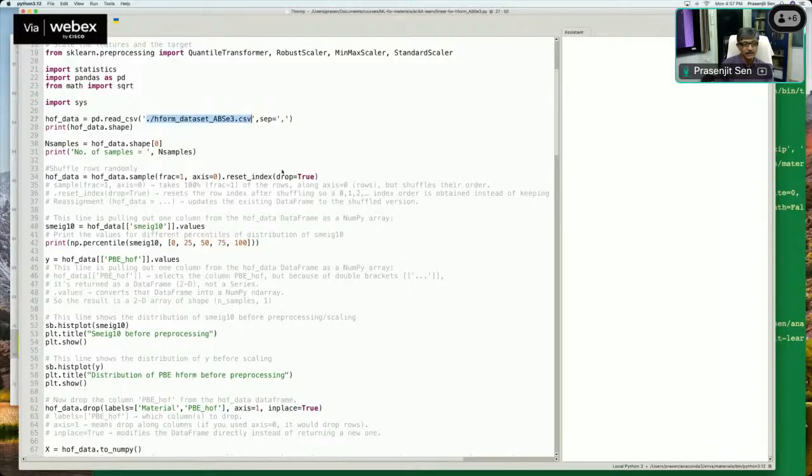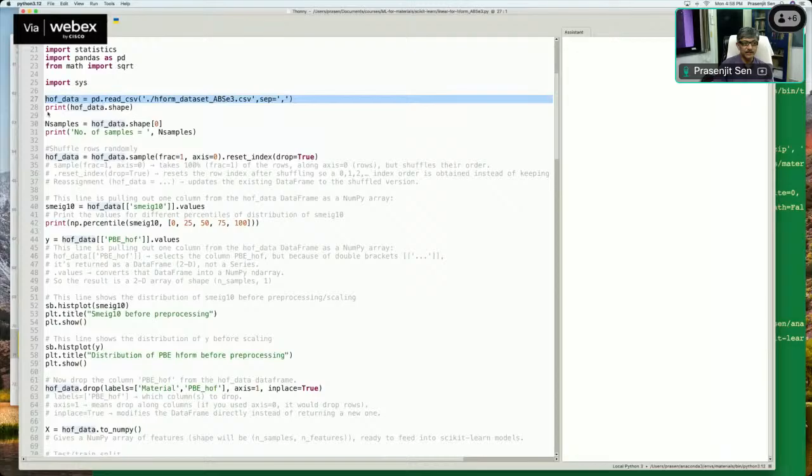What I have there are the eigenvalues of the sine matrix and the heat of formation values. So these are being read in as a pandas data frame. HOF data is a pandas data frame which is being read from that .csv file.